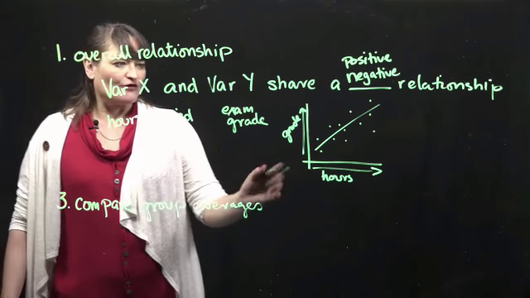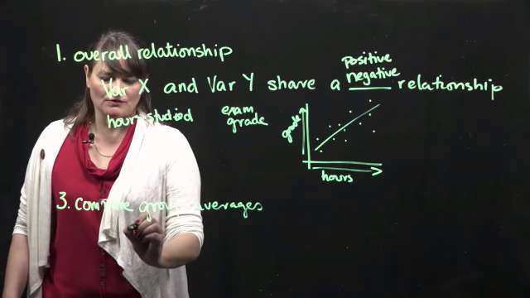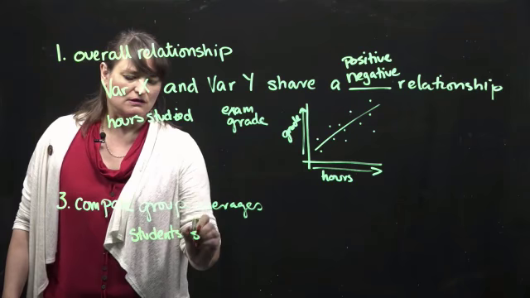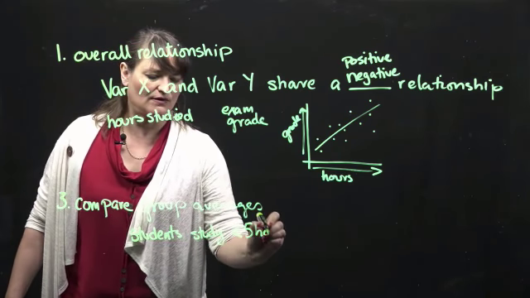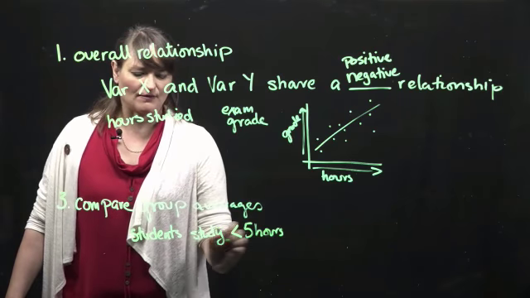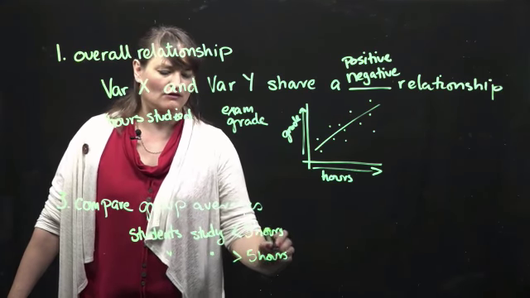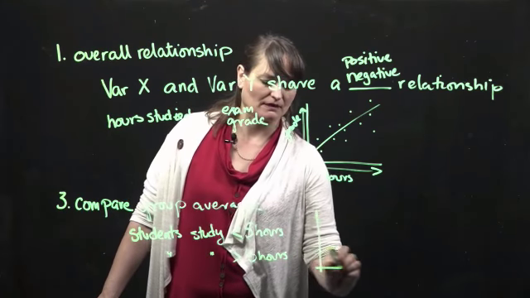So for this same example, we could say, do students who study less than 5 hours for an exam and students who study more than 5 hours for an exam differ in their exam performance?